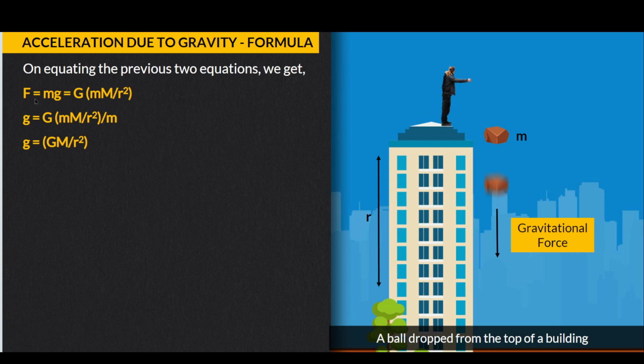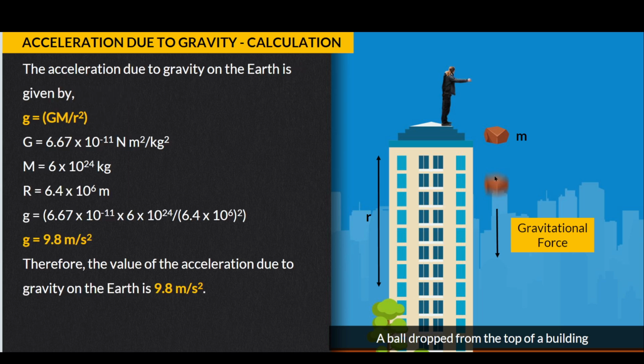So in place of F I can write mg. Now if I divide both sides by m, this m will cancel out and we will just get g, and there I will get m. So this m and this m will cancel and we will get g equals GM over r square. This capital M is the mass of the earth. r is the distance between this stone and the earth. So this is the formula for acceleration due to gravity.